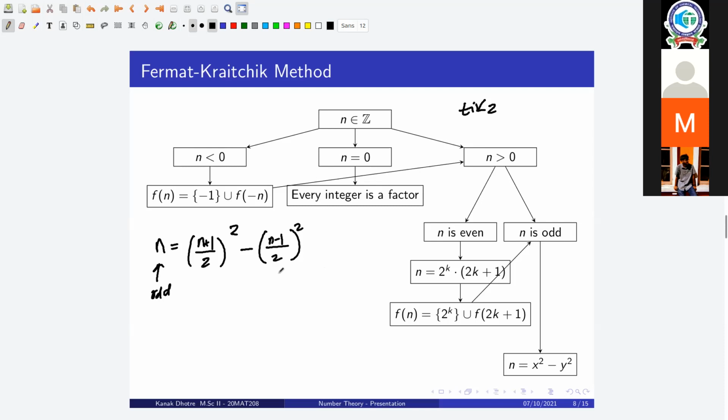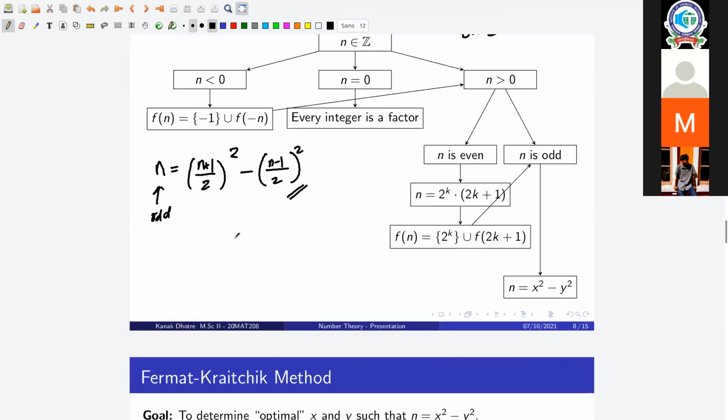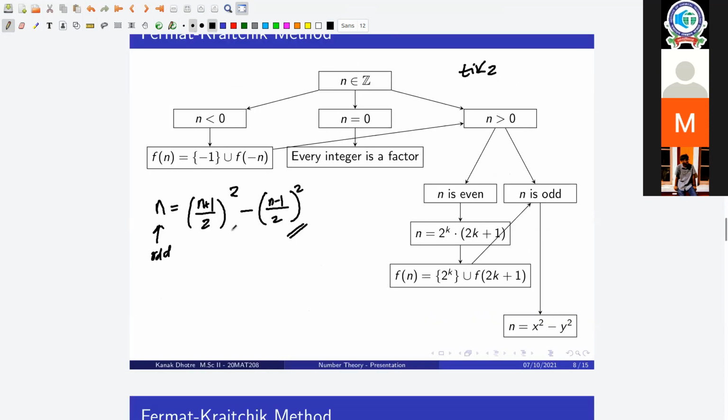So even in the worst case, and I'll define what worst case is, you can write this odd integer essentially as a difference of 2 squares. Now one advantage of doing this is, you can factor x square minus y square as x plus y and x minus y. So we've essentially gotten 2 factors of n.